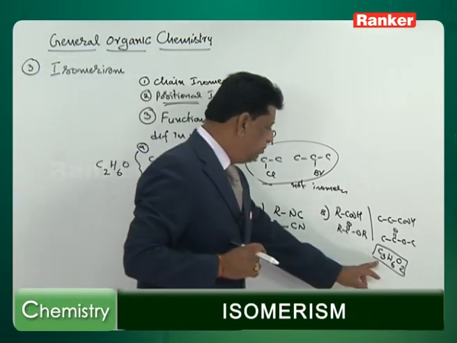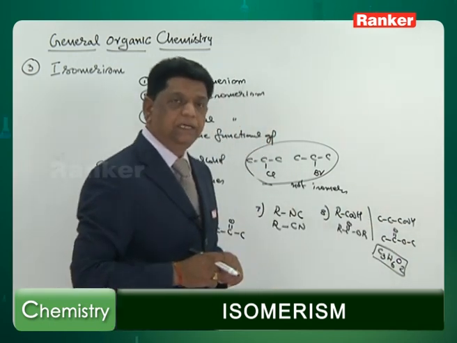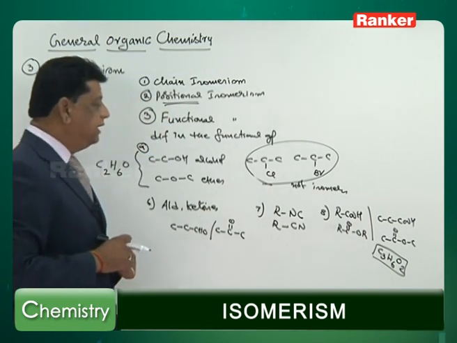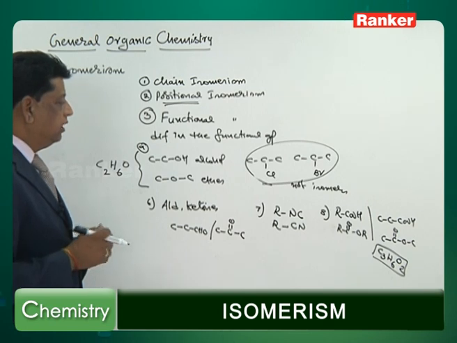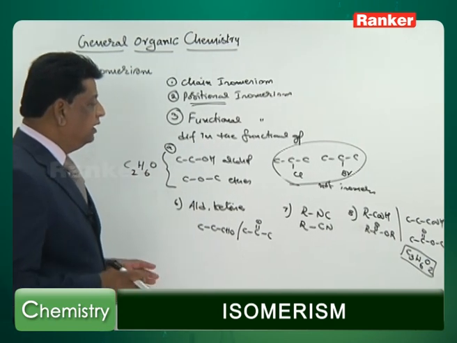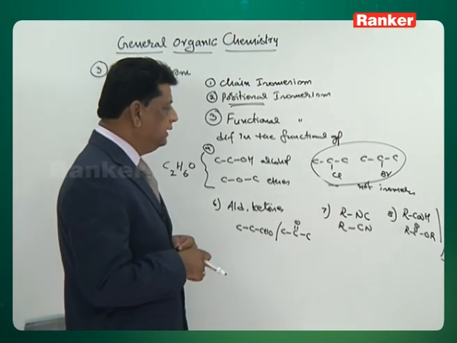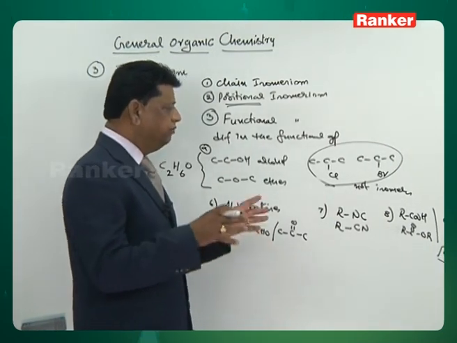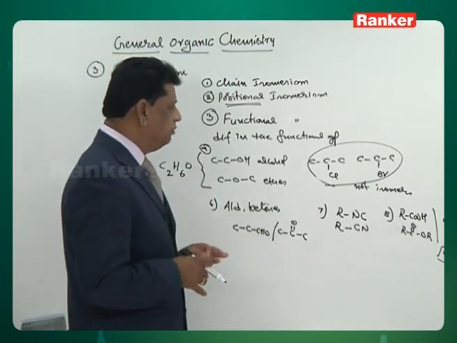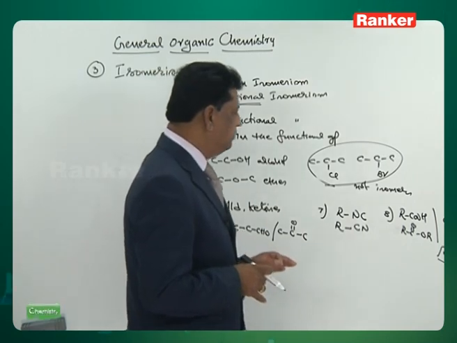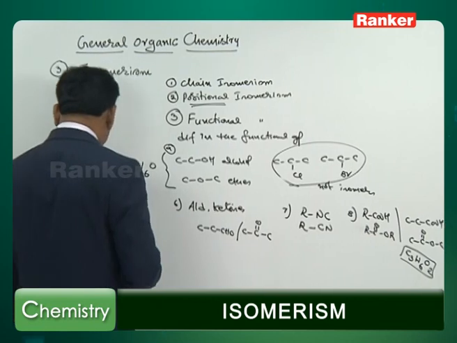One belongs to carboxylic acid, the other is an acid derivative, specifically called an ester. So their physical and chemical properties will be different. As I said, the number and quality of properties are not important. Even a very small property difference, and we recognize them as isomers. So carboxylic acids and esters are isomers.